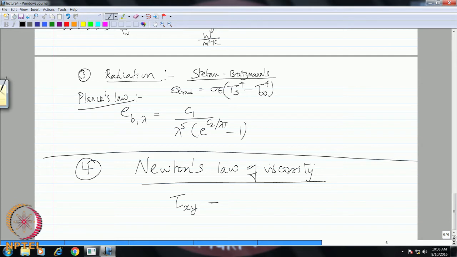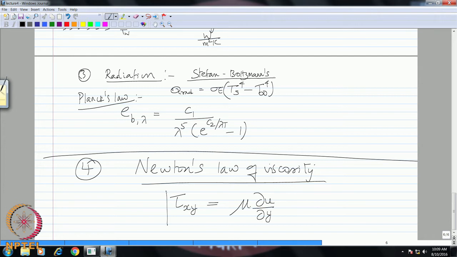So, anyway you can relate, for example, shear stress with the corresponding strain rate, that is your du by dy, through a constant of proportionality, which is your dynamic viscosity.